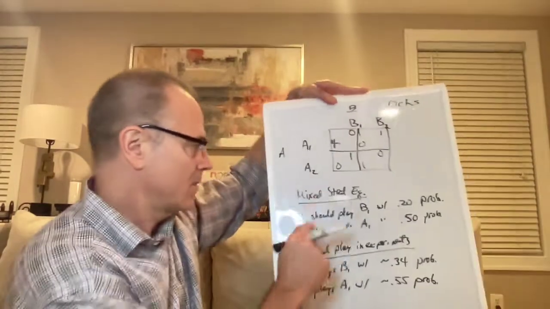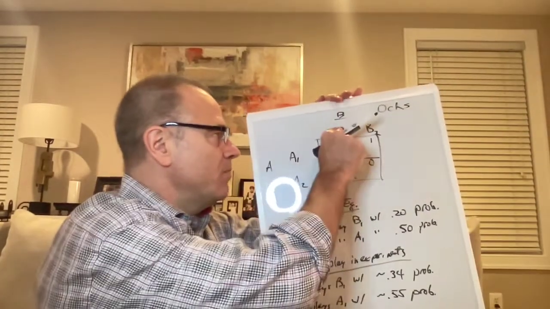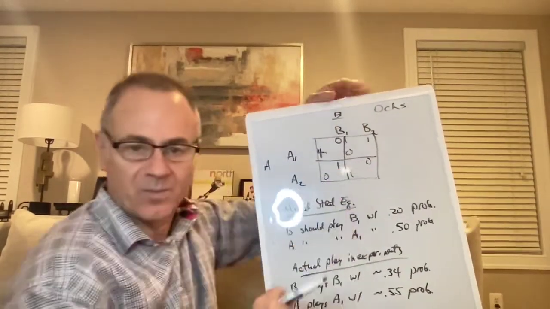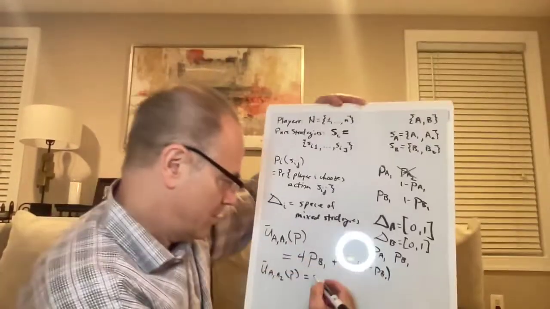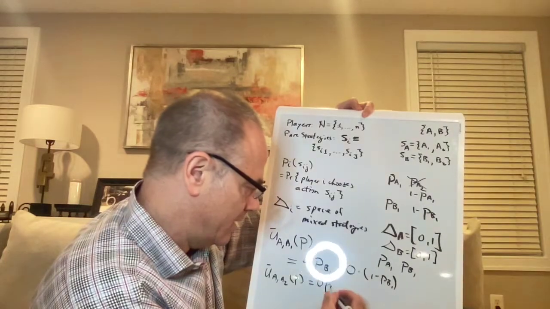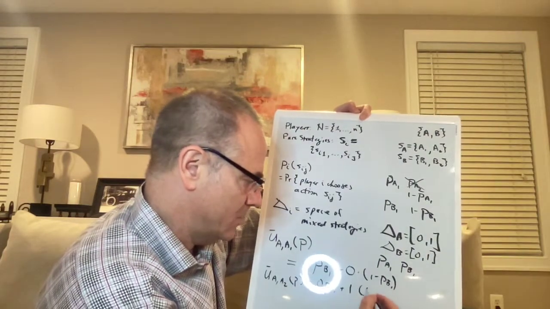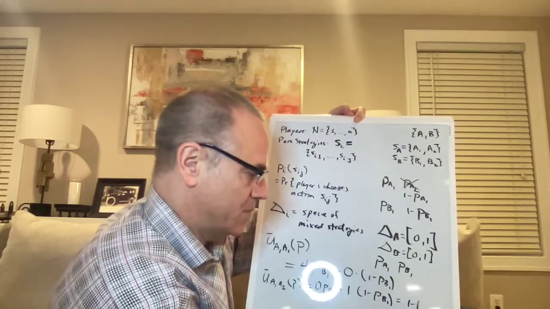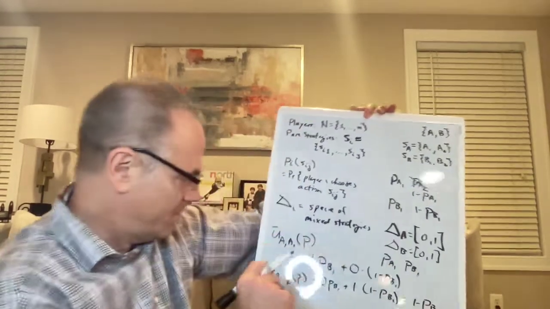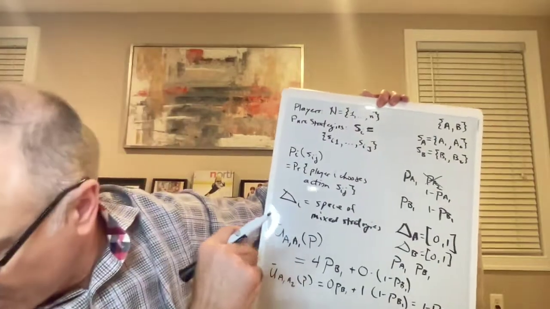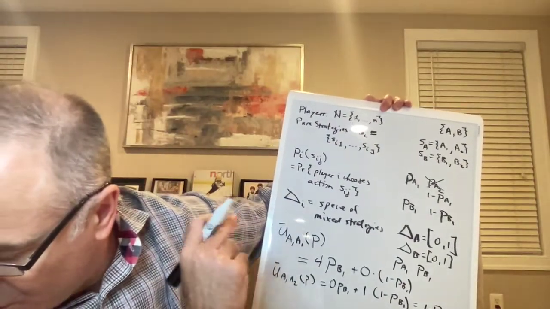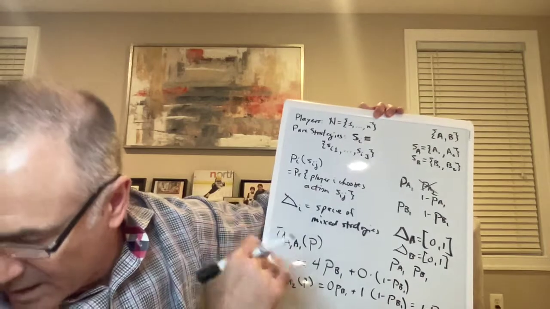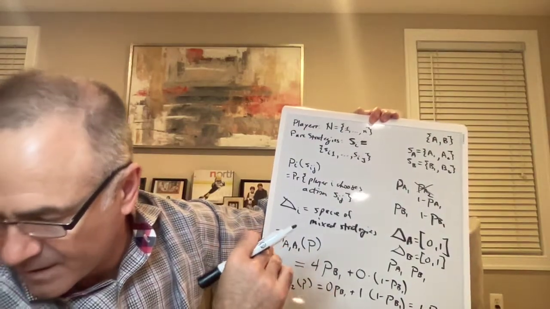So if she plays A2, she gets 0 if B plays B1, 1 if B plays B2. So this is going to be 0 times PB1 plus 1 times 1 minus PB1, which equals 1 minus PB1. So here we have U bar A2.